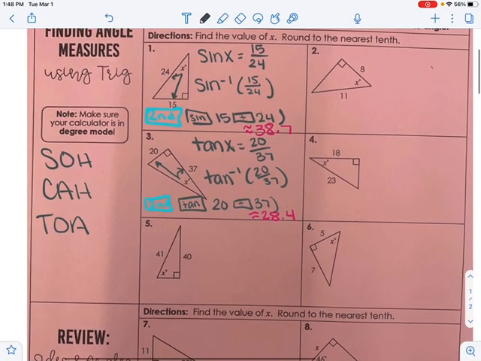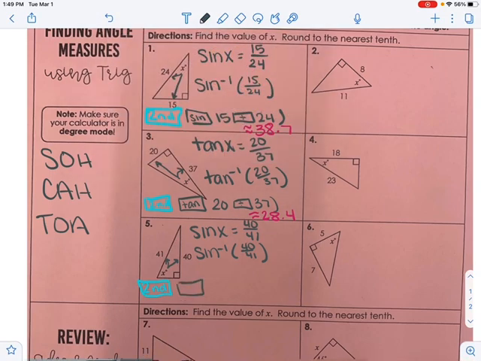Let's look at one more example based on what I've got off the angle. To me, it looks like sine because I have the opposite and the hypotenuse. So sine X is equal to 40 over 41, which means sine inverse 40 over 41, which again, in the calculator would look like the second button, and in this case, the sine, 40 divided by 41, close parentheses.